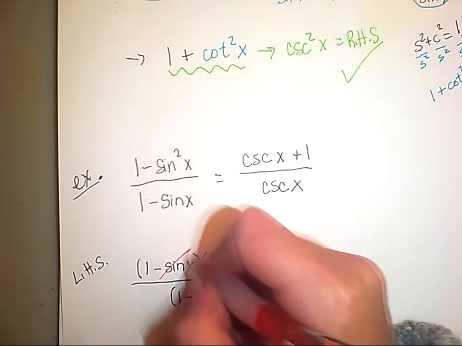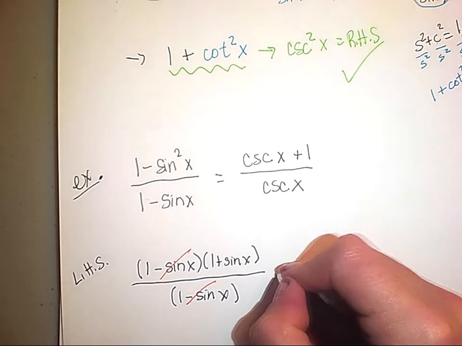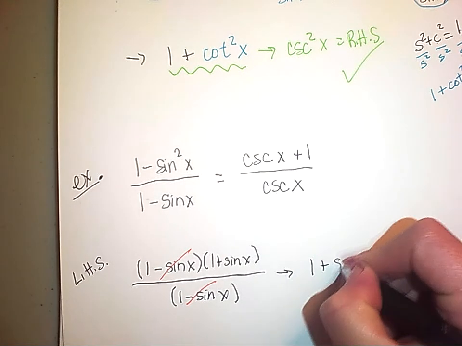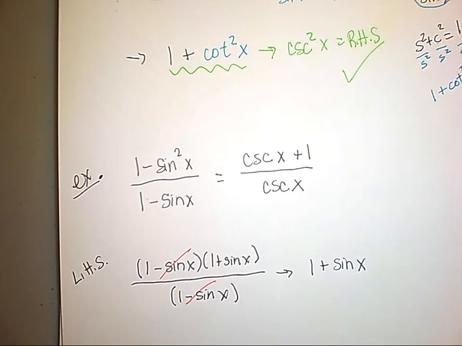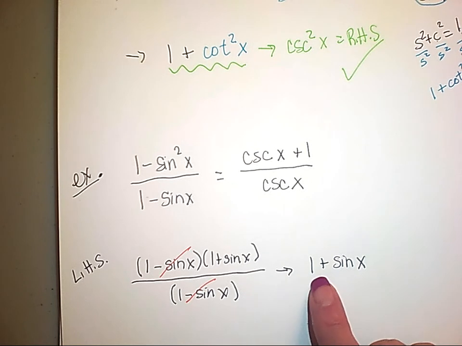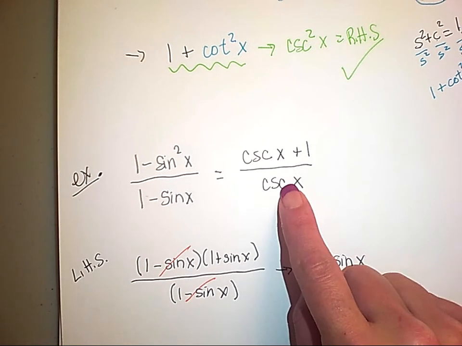Now, that was nice because then these will cancel, right? And now I'm left with 1 plus the sine of x, which is true. But how exactly am I going to manipulate this to get to that?